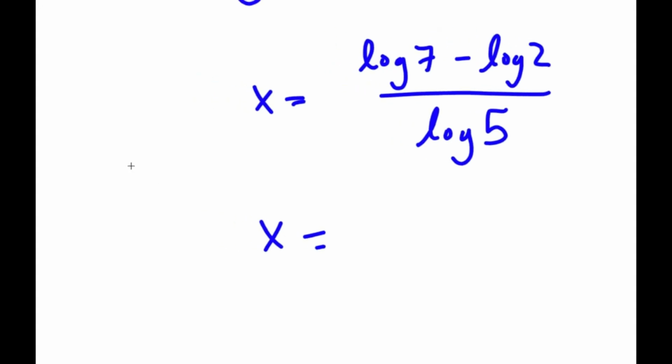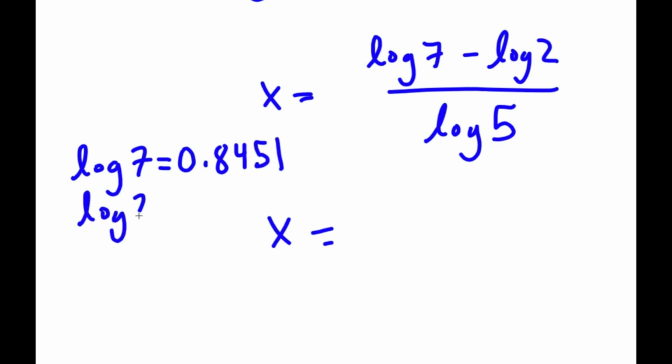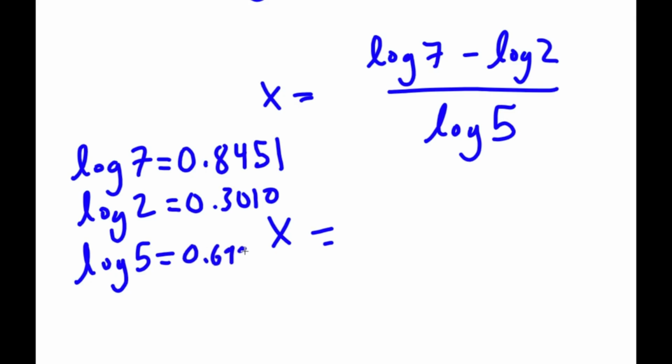So, log of 7 here is equal to 0.8451. Log 2 is equal to 0.3010. And finally, log 5 is equal to 0.6990.